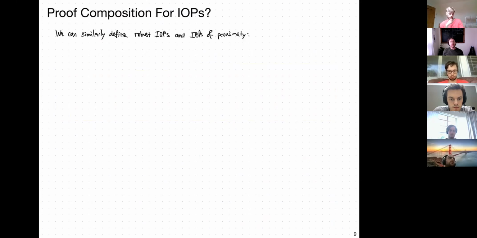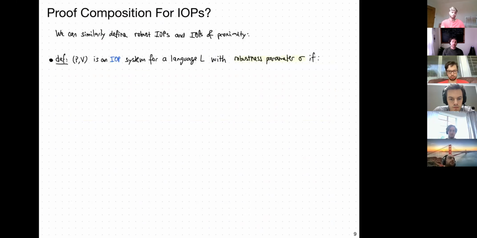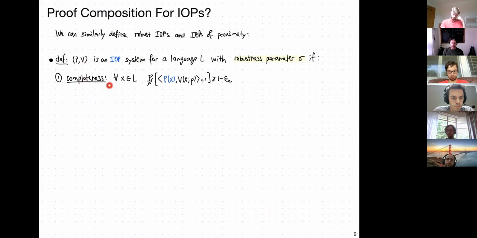And it's a simple exercise to define robust IOPs and IOPs of proximity, just by taking the standard definitions and then modifying as we did. Right, so what would be an IOP with robustness? Well, the completeness condition would be exactly the same. If it's a valid input, then the probability that the protocol would accept would be high.